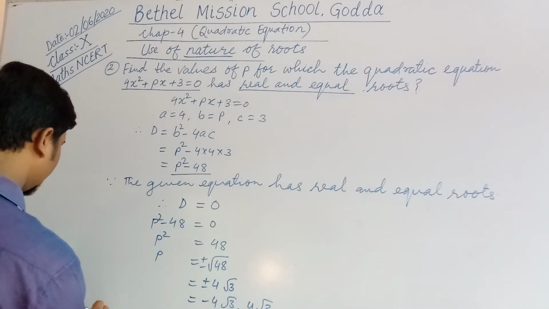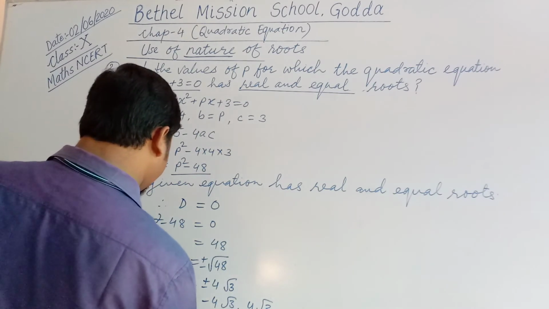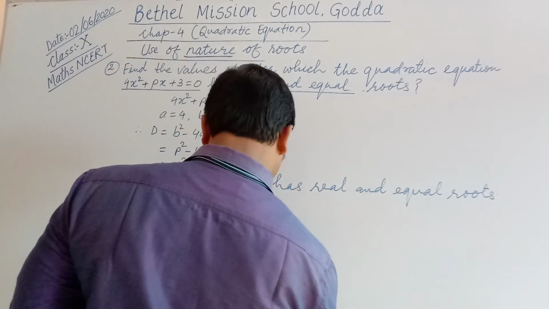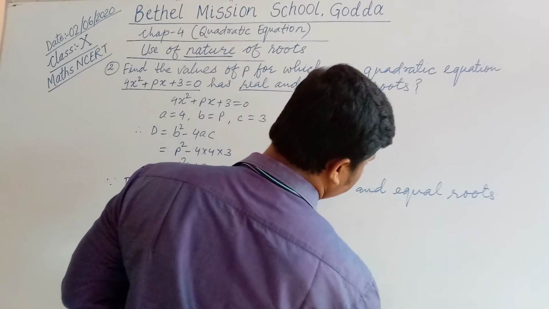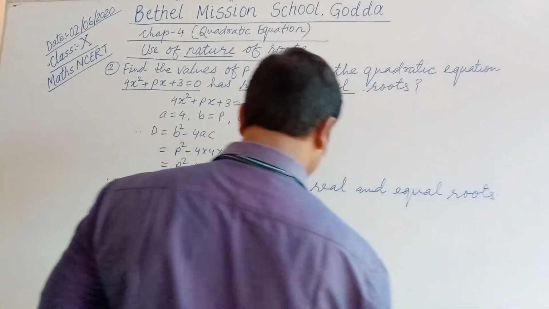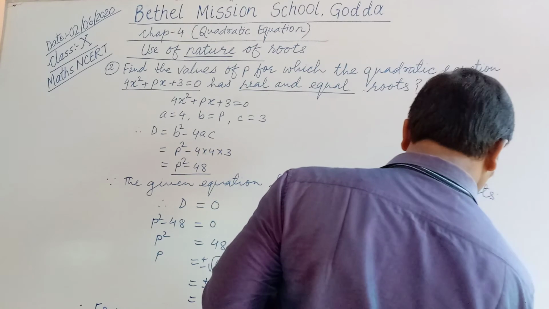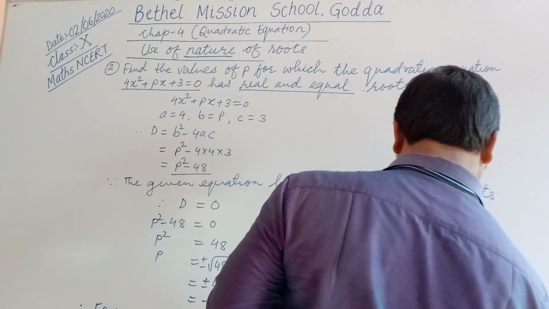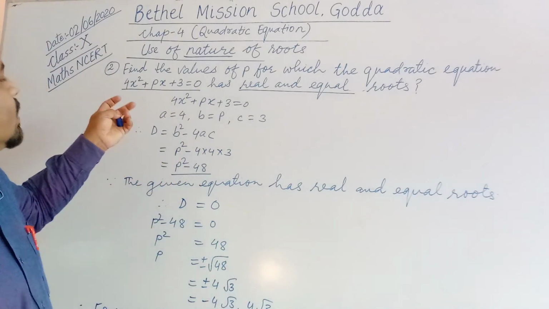Therefore, for p equal to minus 4 under root 3 and 4 under root 3, the given equation has real and equal roots.